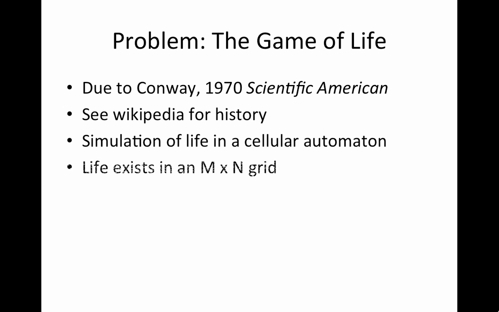What does that mean? Imagine that we have an m times n grid, and each square of the grid has a cell. Now, each cell can either be dead or alive, and we have rules that say what conditions make a cell dead and what conditions make the cell alive.